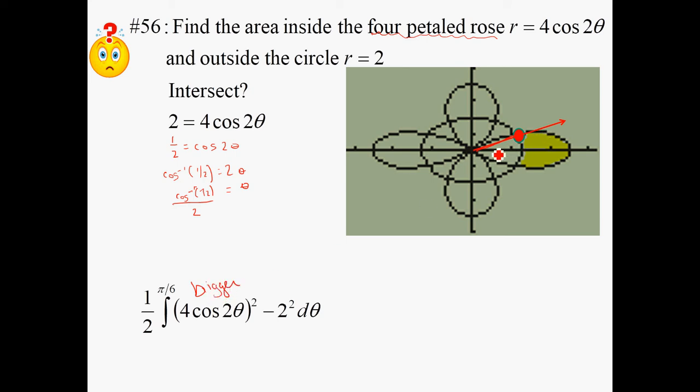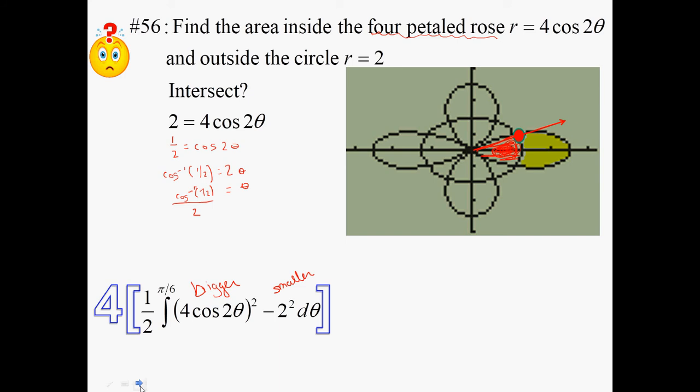Because this part is going to get all of this plus the yellow, but I don't want that piece. I don't want that, but that's the bigger. Then I have to subtract the area inside the circle there. So that's the part I don't want, right? But notice something's missing, isn't it?